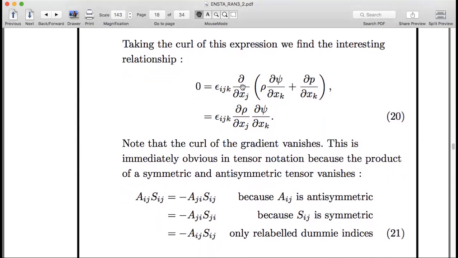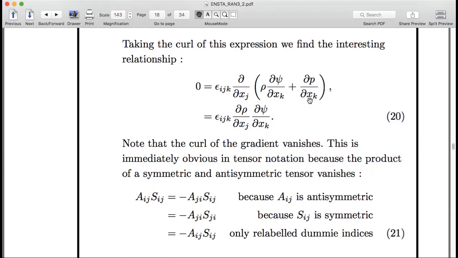So this is a linear operator. I can apply it to this thing plus the derivative of this thing. So I'm going to have epsilon ijk d by dxj applied to this thing, and that corresponds in vector calculus to the curl of the gradient, right?